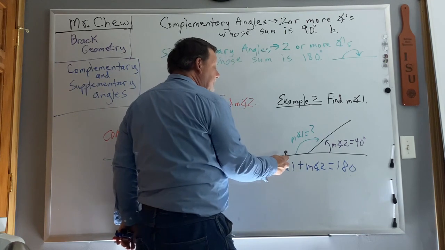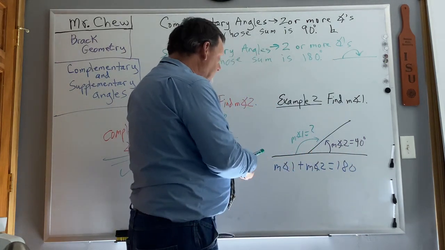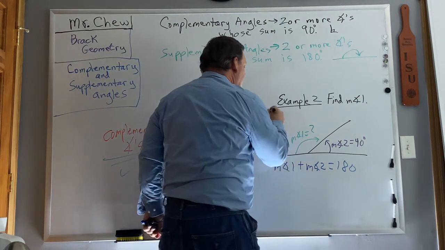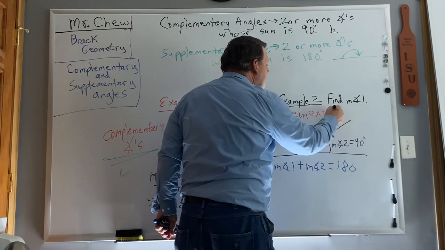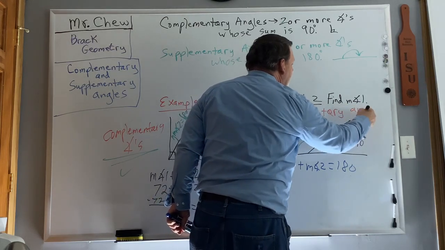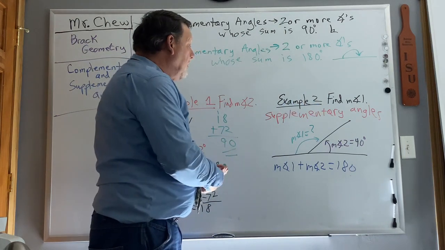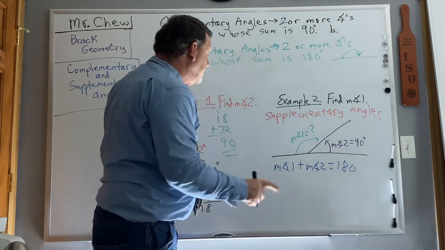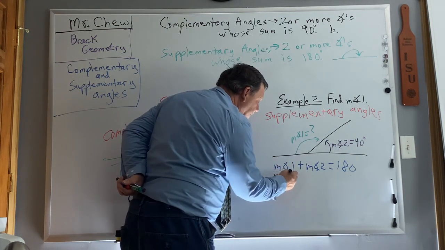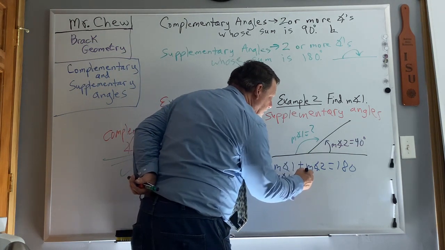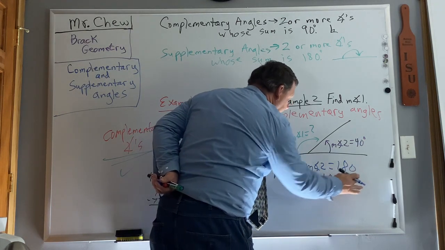Well, since it makes a straight line, that means that these are supplementary angles. And remember, the definition says supplementary angles, when you add them up, you get 180 degrees. So now I still use the substitution property. I don't have the measure of angle 1, so I add it to 40 degrees, and that's going to equal 180.